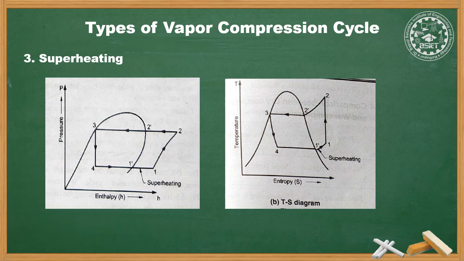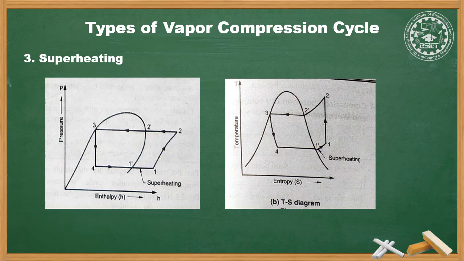It may be noted that superheating outside the evaporator or cold space results in loss. Superheating increases the refrigerating effect and the amount of work supplied to the compressor. Since the increase in refrigerating effect is less compared to the increase in work supplied, the net effect of superheating is to reduce COP.